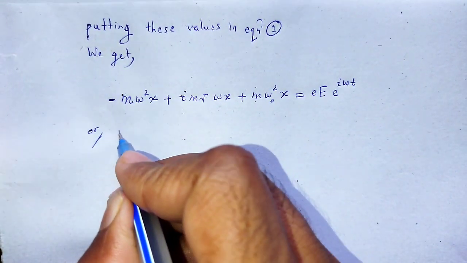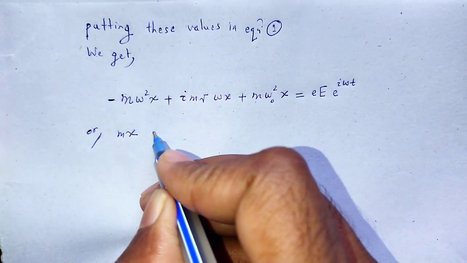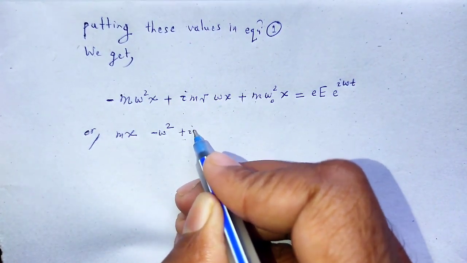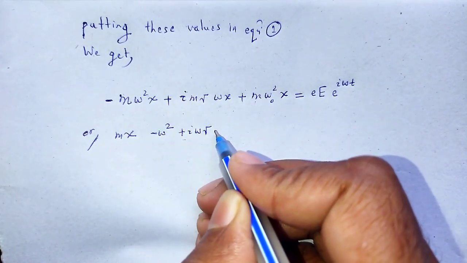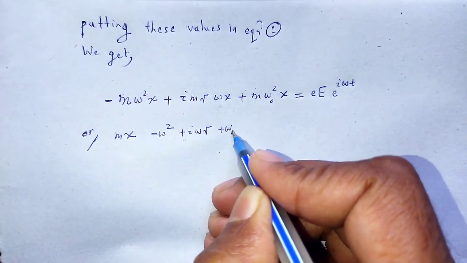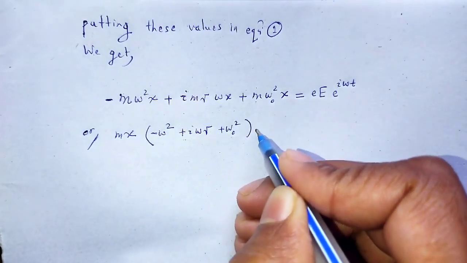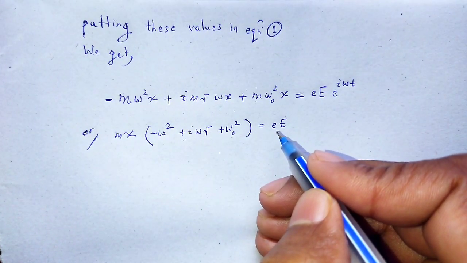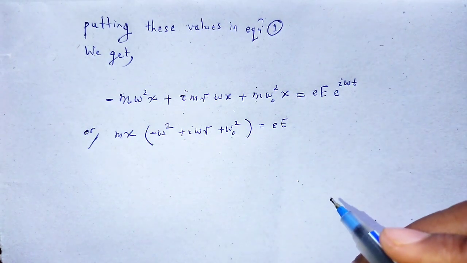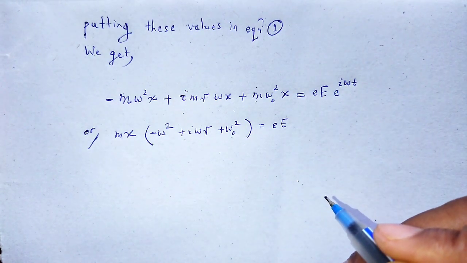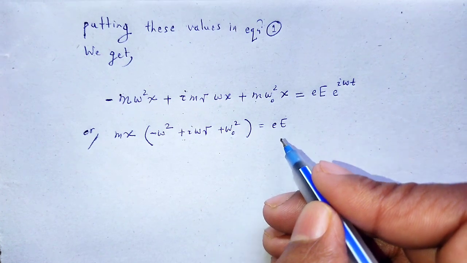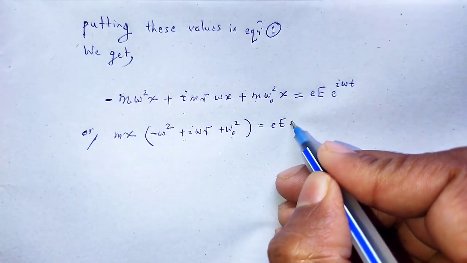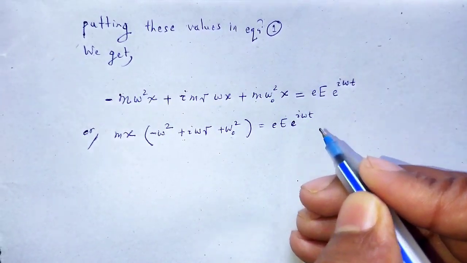Taking m x common, inside the bracket we have minus omega squared plus i omega gamma plus omega naught squared, which is equal to E into e to the power i omega t.